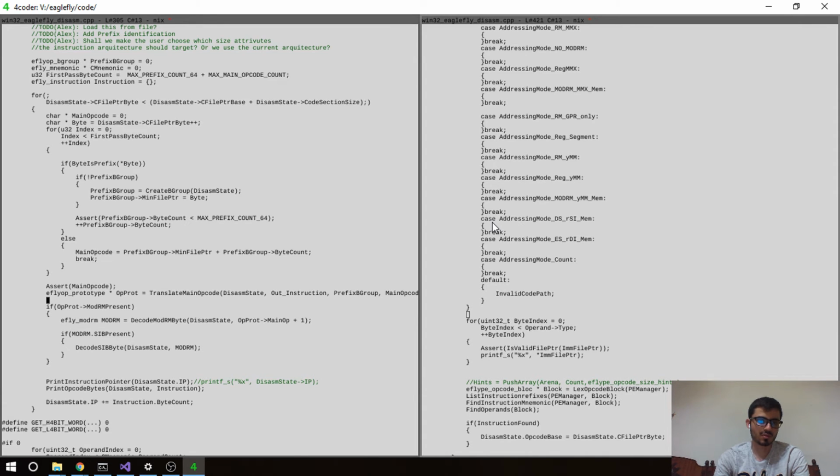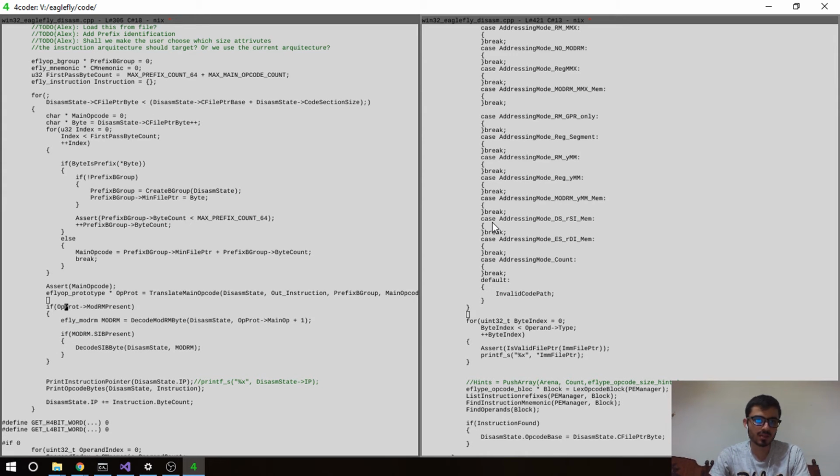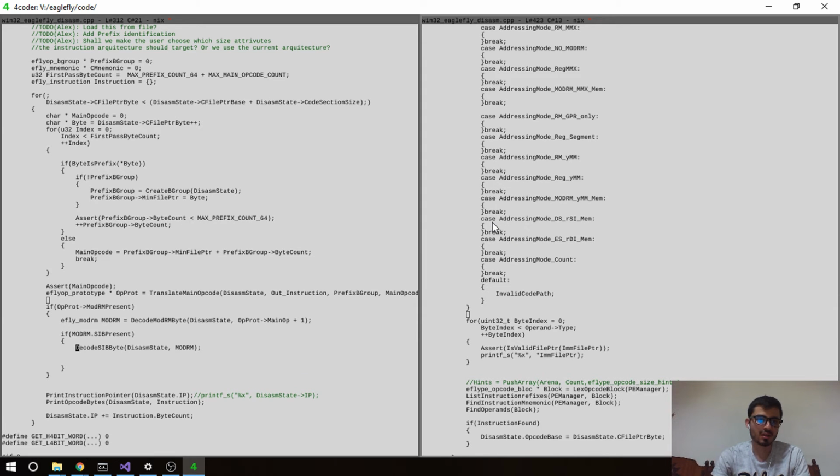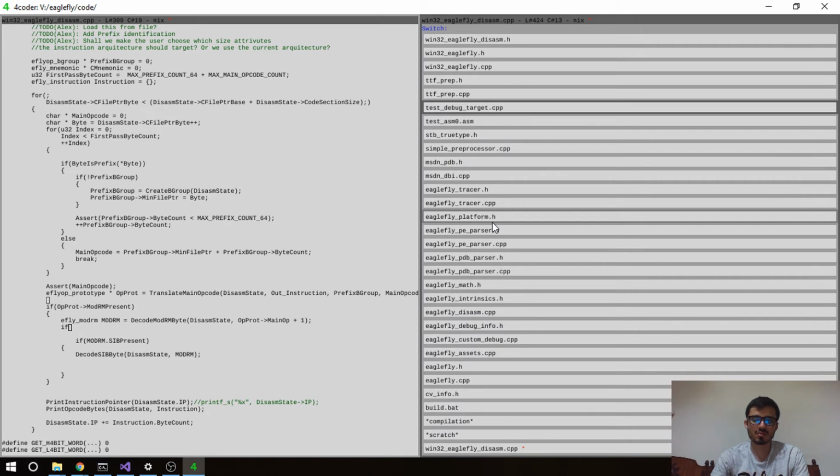Yeah, like it is more. And depending on the op prototype, stuff like that, we can start pushing forwards here. Now we can here say if, depending on the decoding of the modrm byte, if, what is it, probably, well, I don't have it here, but I'm gonna say here.